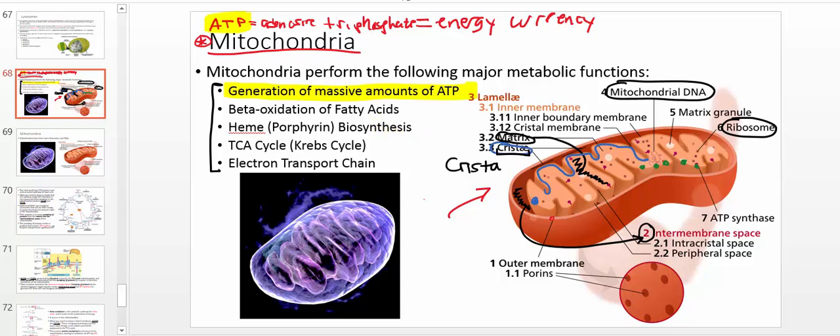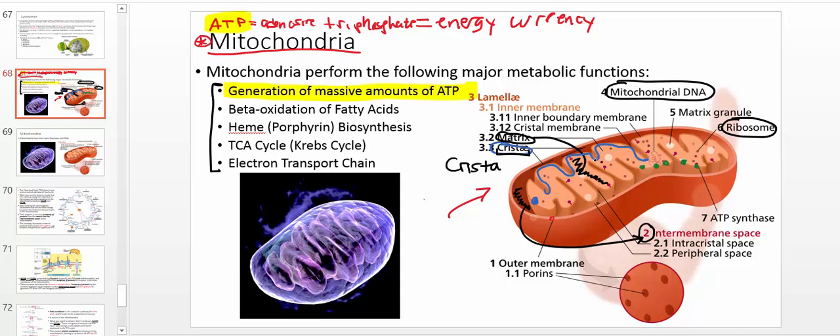So cytosol would be like where glycolysis occurs. Glycolysis only produces about a net 2 ATP. That's not a lot. Whereas if you look at one complete catabolic pathway for glucose in the mitochondria, that produces more like 30 to 32. So there's much more ATP that's produced inside the mitochondria than there is in the cytosol.